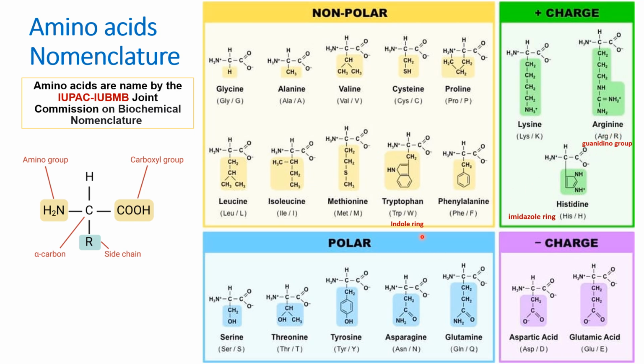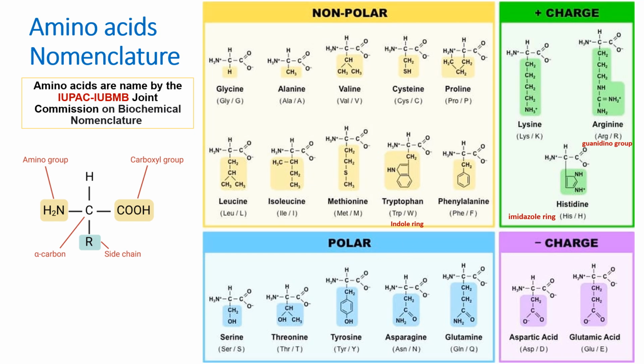So these are the ways in which the questions could be asked from among the amino acids. So we must know not only their names and their three-letter and single-letter abbreviations, we must also be familiar with their structures so that we will be able to answer questions based on them.